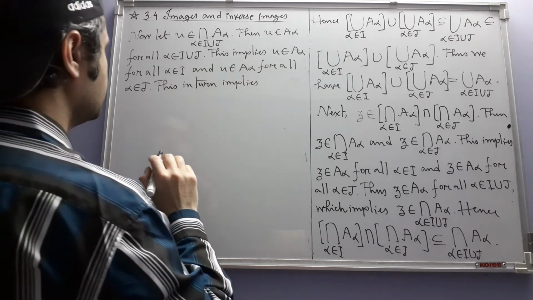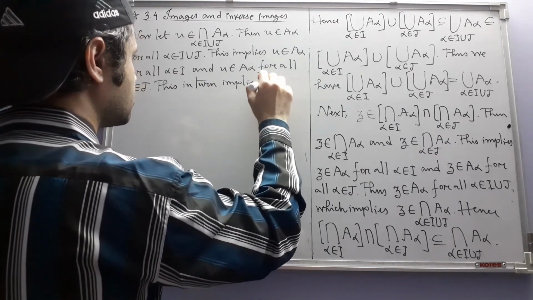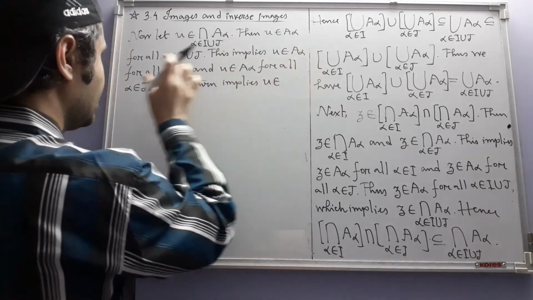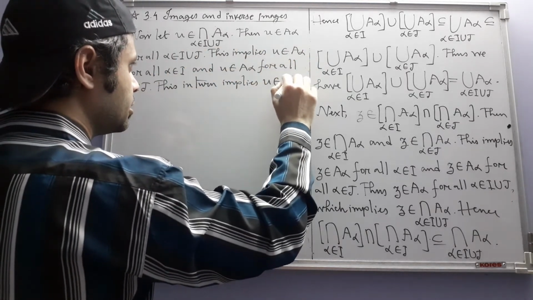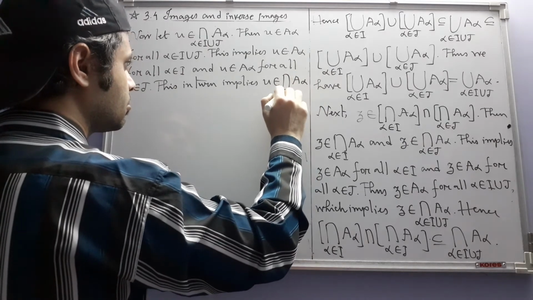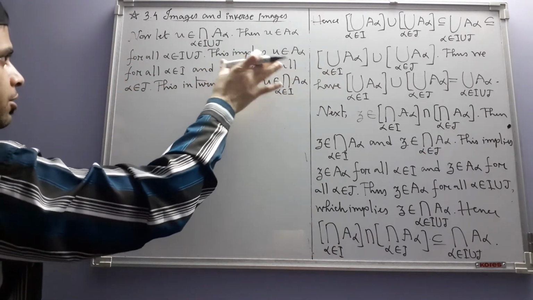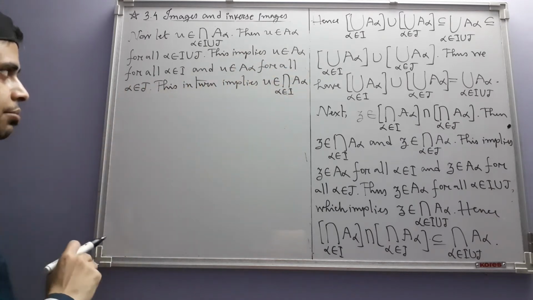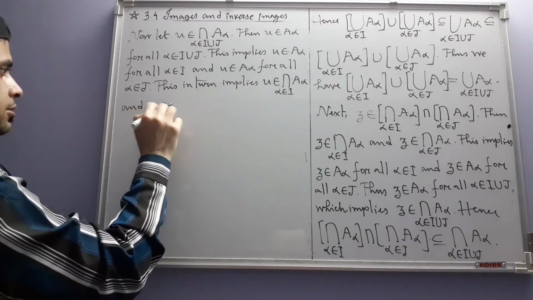This in turn implies U belongs to A alpha for all alpha in I, that means U is in this intersection, and U belonging to A alpha for all alpha in J means U is in this intersection.